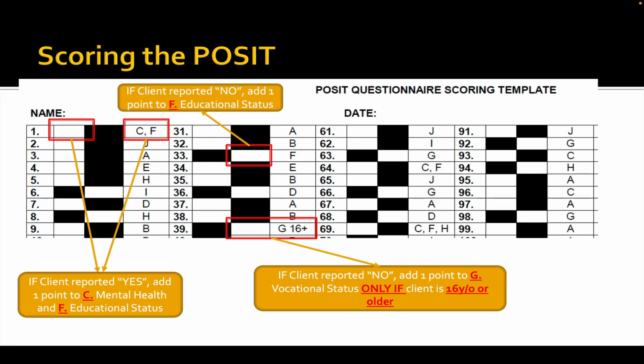As you can see for question 1, the yes answer is highlighted. So if a client reported yes, you would add 1 point to their mental health and their educational status domain. If a client answered no in question 39, this would add 1 point to vocational status.